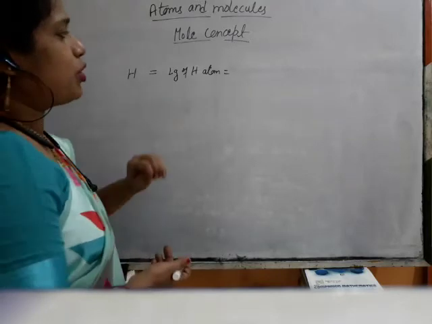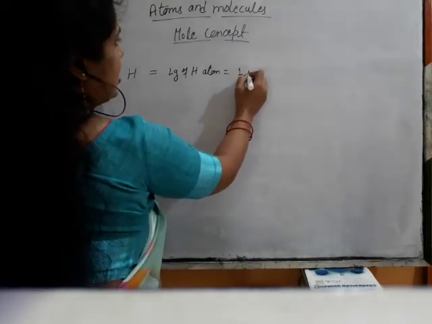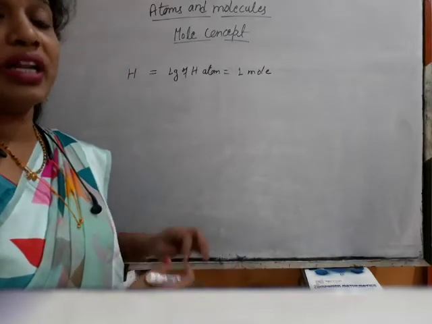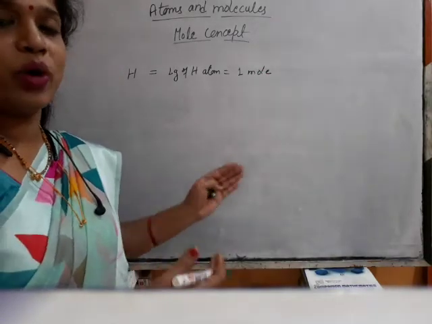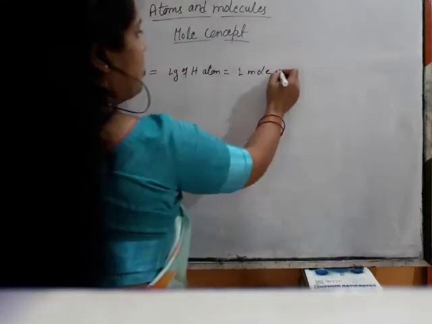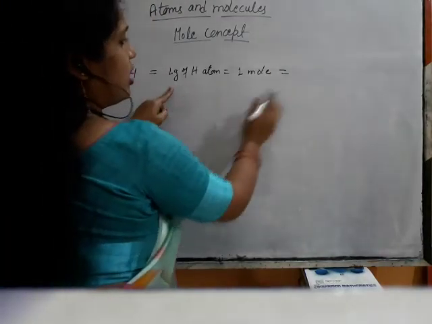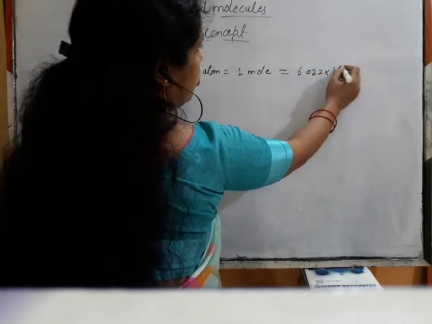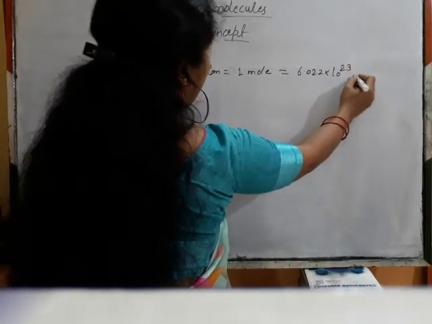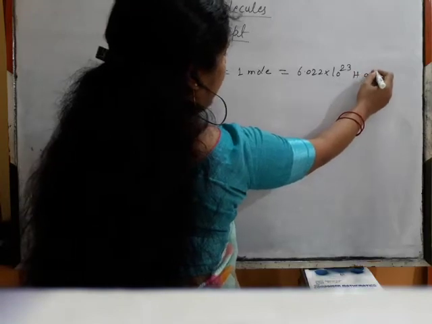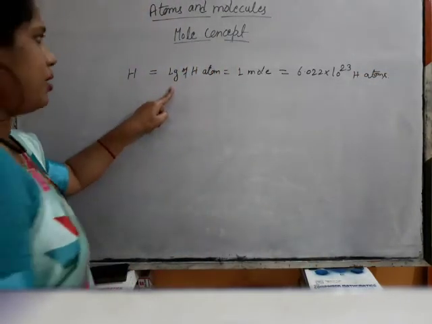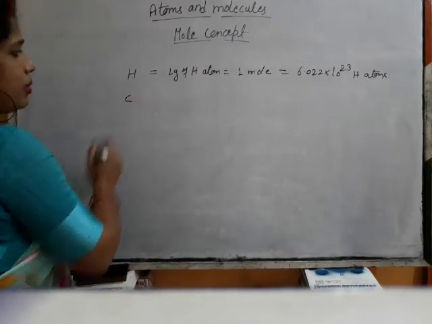So 1 gram of hydrogen atom means it is 1 mole of hydrogen atom, and it will have 6.022 into 10 raised to the power 23 hydrogen atoms. Okay. Now let us talk about carbon.